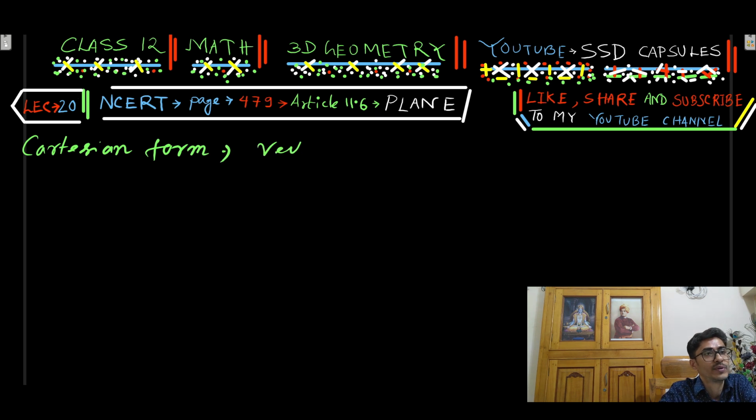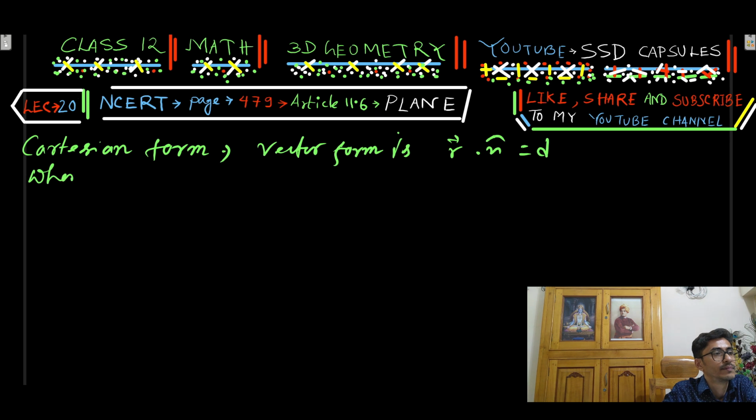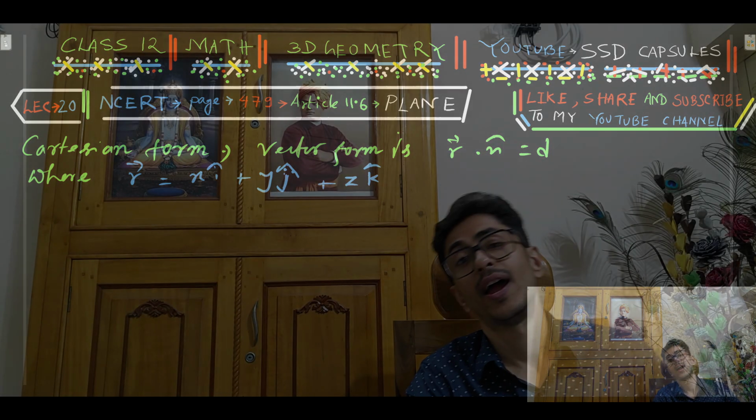So vector form is r vector dot n cap equal to d, where r vector equal to, as we have written earlier, x i cap plus y j cap plus z k cap, where r vector is nothing but the position vector of an arbitrary point P on the plane.